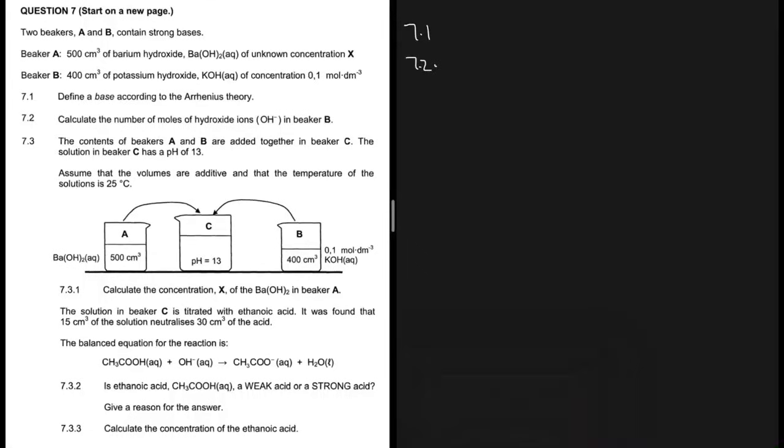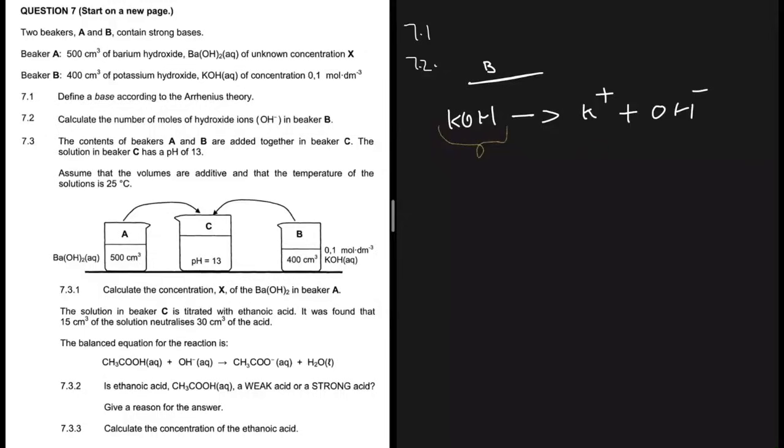So what makes up beaker B? In beaker B, we have KOH, and when this ionizes, it will give you K plus and OH minus. From the information we have about KOH, we'll be able to find the number of moles of OH.